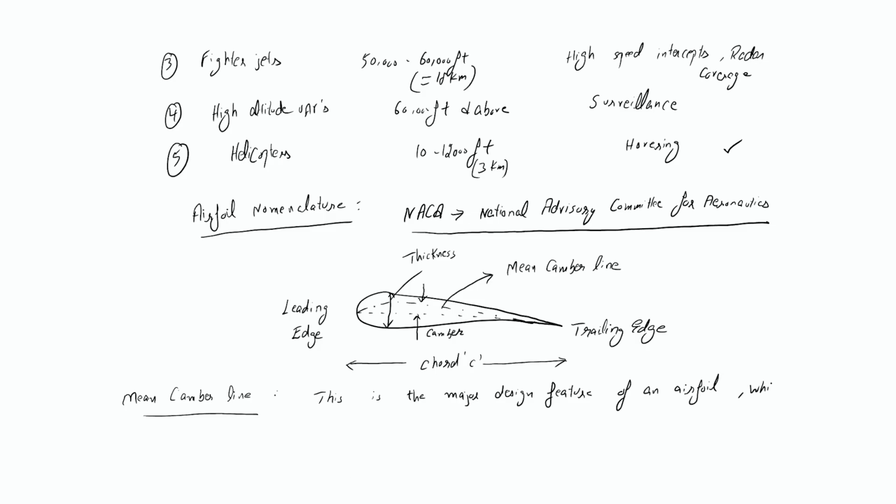which is the locus of points halfway between the upper and lower surfaces, as measured perpendicular to the mean camber line itself.